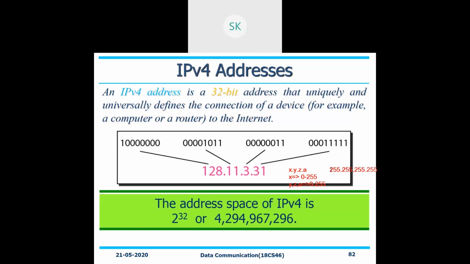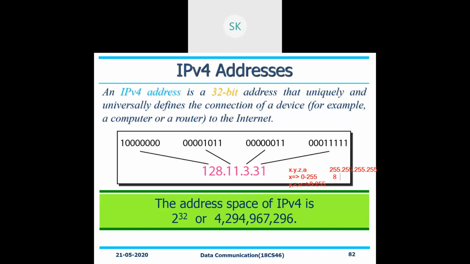So 0 to 255, if you take this first block, your first block will be of 8-bit length. How is it? Because all 8 ones you will be having in 255. So 8 bits of data will be represented.